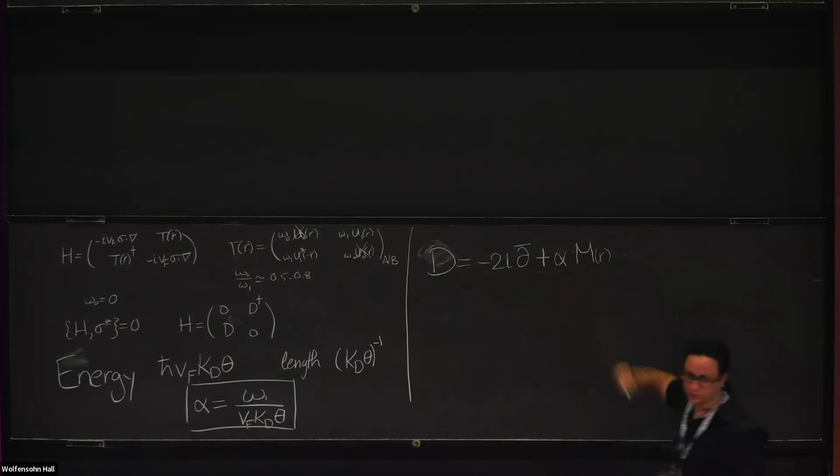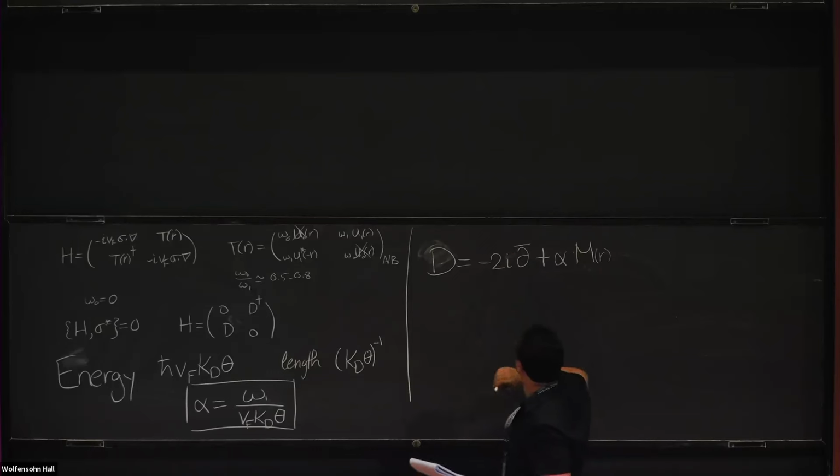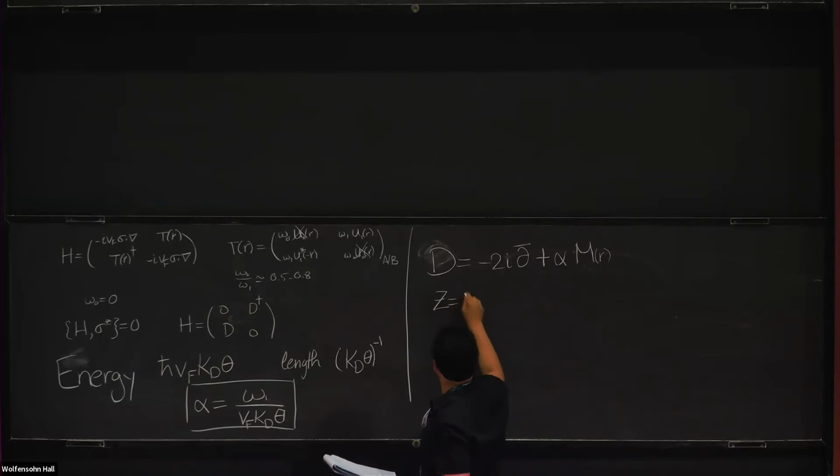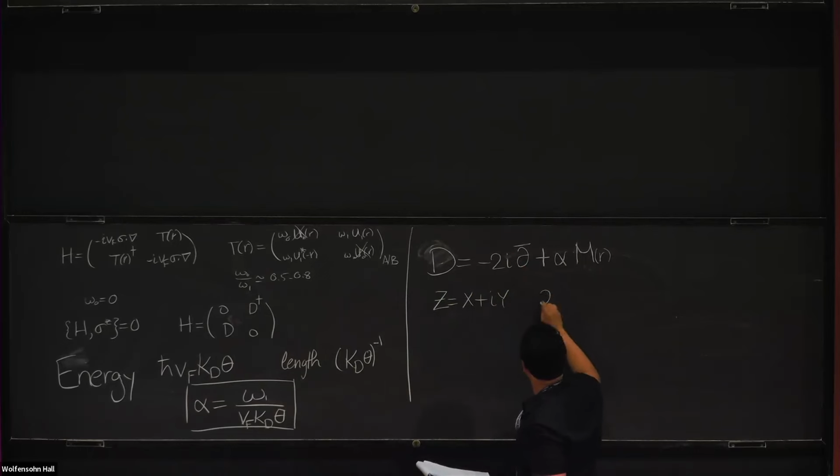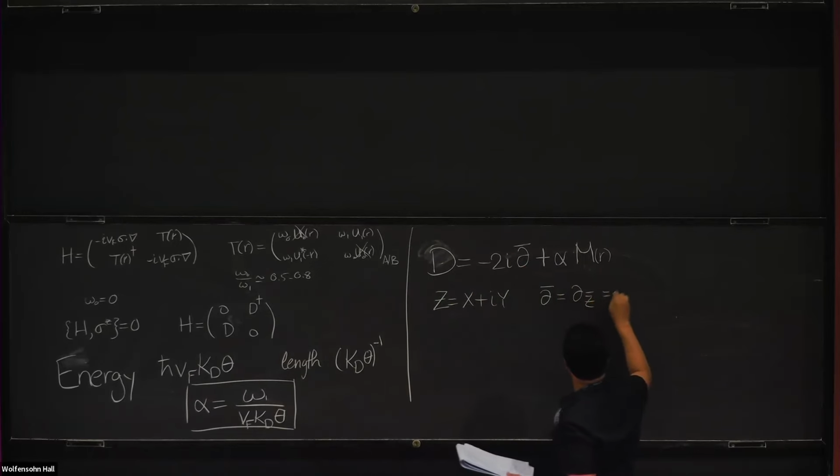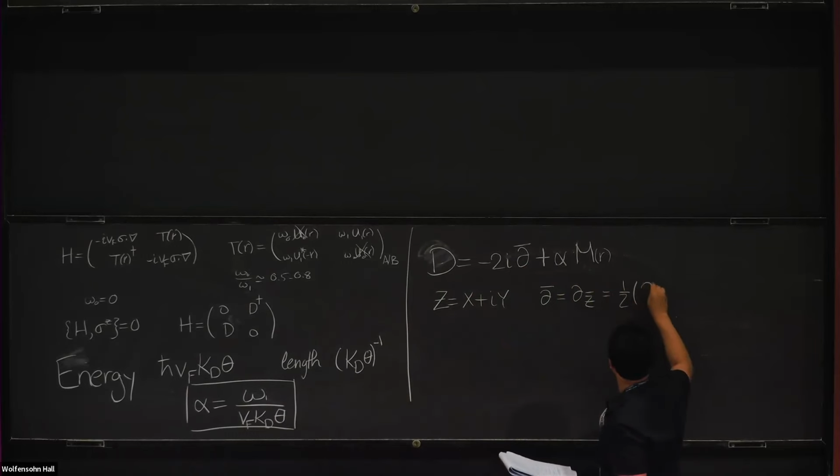Its form doesn't concern us. And alpha is this dimensionless parameter. Here I define the complexified variables: z is x plus iy, and this derivative is the derivative relative to z bar, which is one half of dx plus i dy.